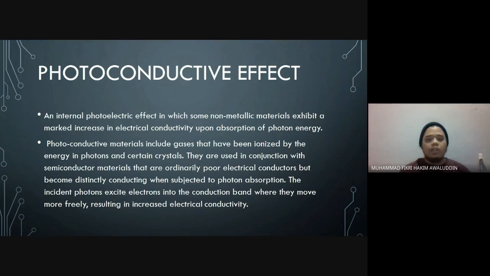They are used in conjunction with semiconductor material that are ordinarily poor electrical conductors but become distinctly conducting when subject to a photon absorption. The incident photon excites electrons into the conductive band where they move more freely, resulting in increased electrical conductivity.